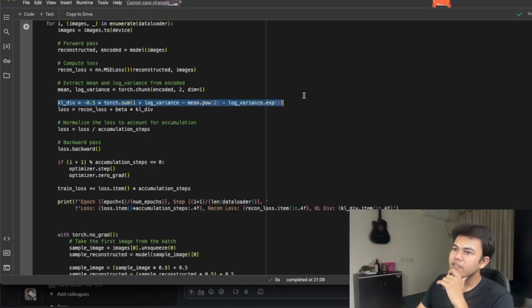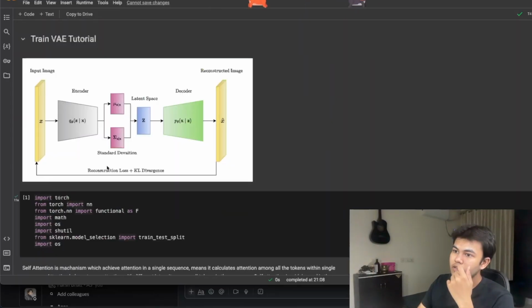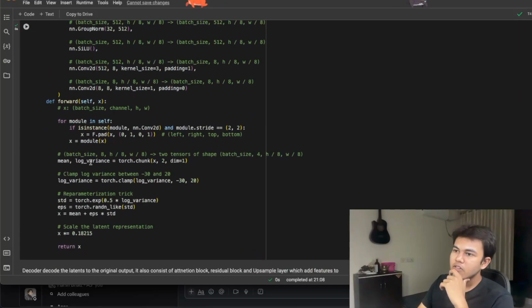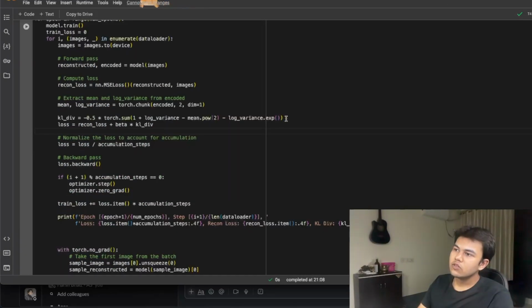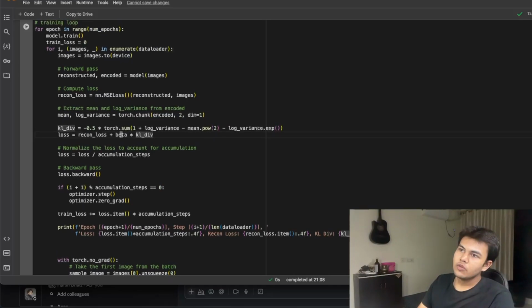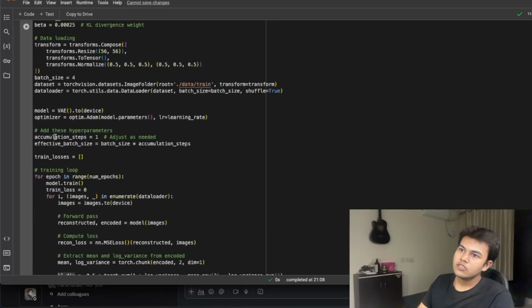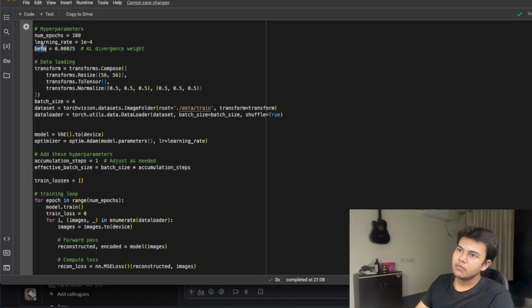We will use this KL divergence as mentioned here: the total loss will be equal to reconstruction plus the KL divergence. The KL divergence is multiplied by a constant, which we have defined here, the beta.